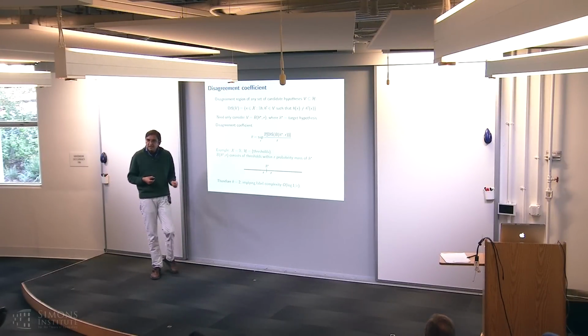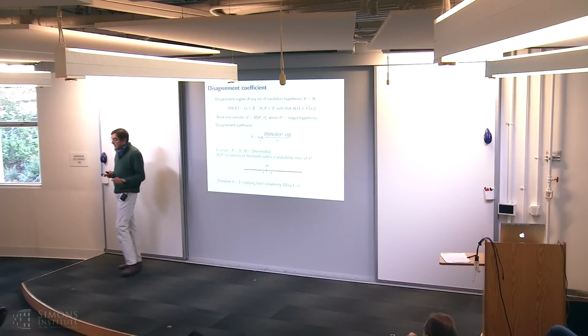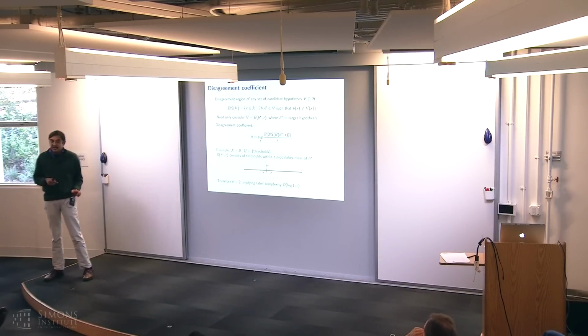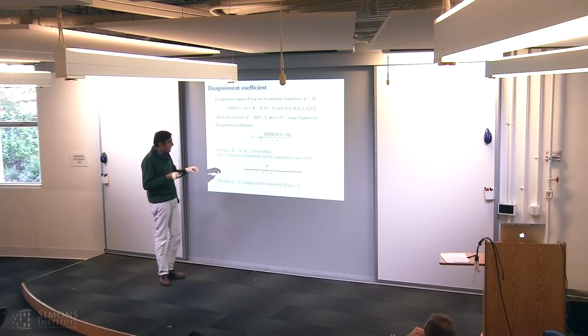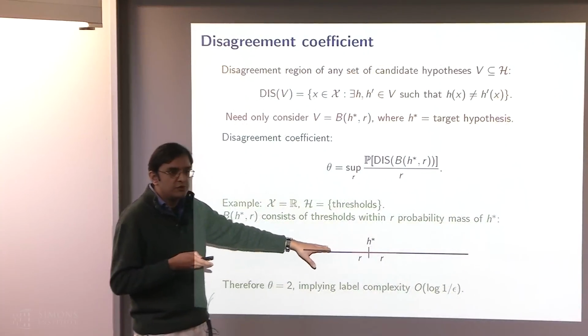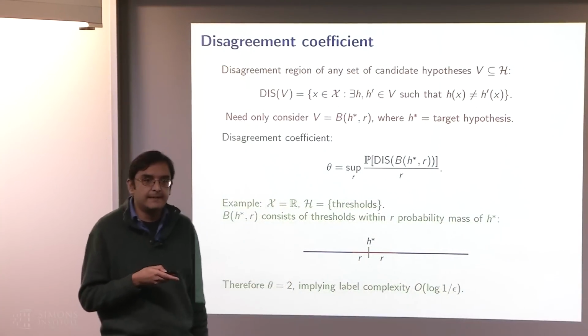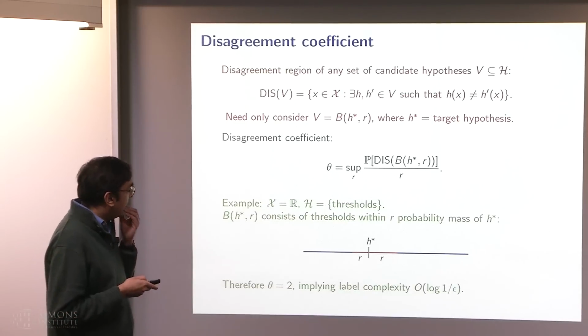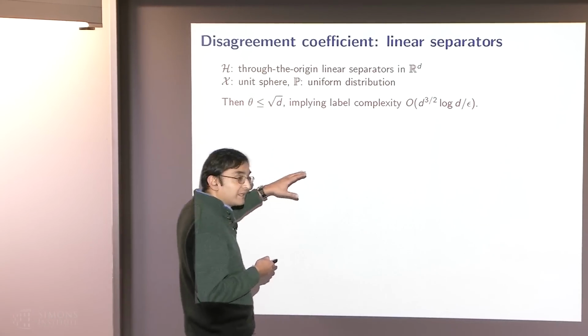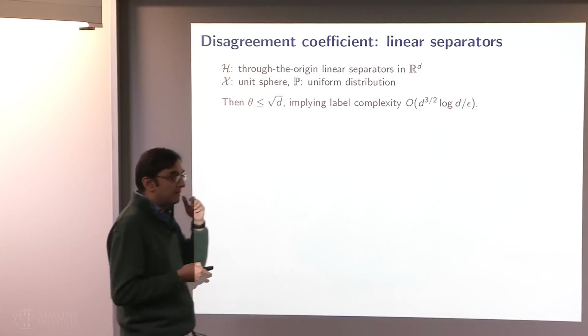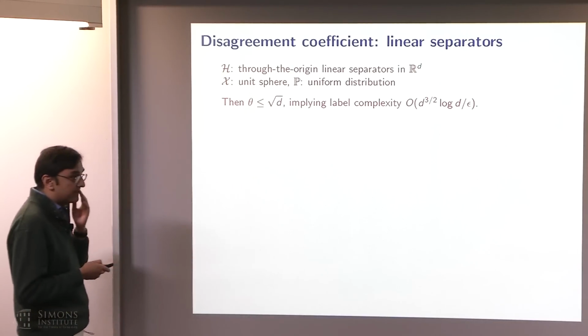We got a bound for label complexity of any hypothesis class in terms of this disagreement coefficient, and we went through this toy example to obtain its disagreement coefficient. But you can also do this for real concept classes, like linear separators.